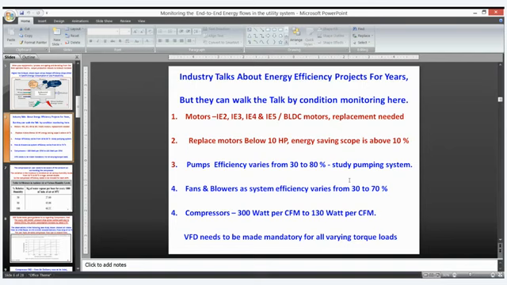For the compressors, going from the initial reciprocating compressors to screw compressors to now two-stage screw compressors, it was almost 0.3 kilowatt per CFM. Now it is around 0.15 to 0.13 kilowatt per CFM that the latest generation compressors are able to deliver. But let us try to analyze what our compressors are giving.